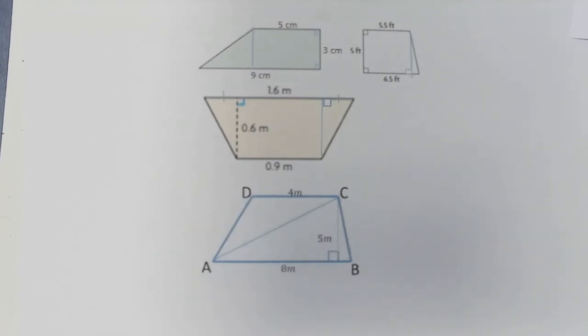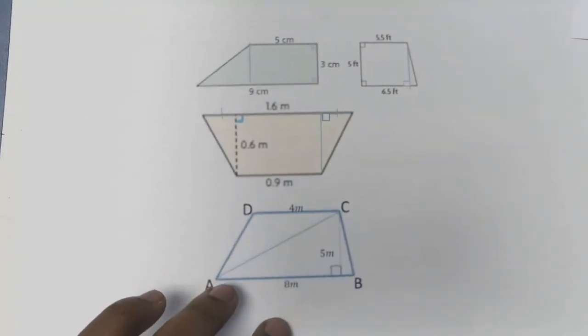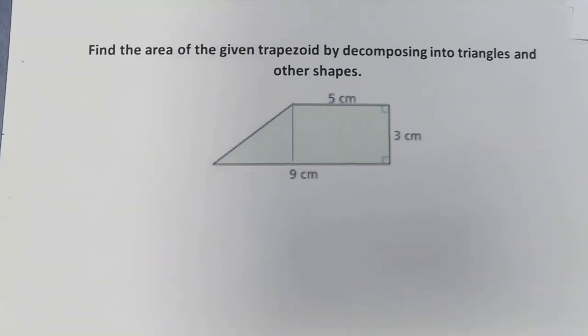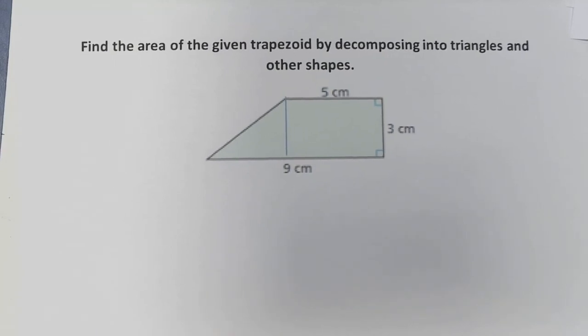We will use these given triangles in a few problems to build our knowledge of finding the area of trapezoids by decomposing them into triangles and other shapes. So good job at looking at this. So here's our first problem. I want you to find the area of the given trapezoid by decomposing into triangles and other shapes.